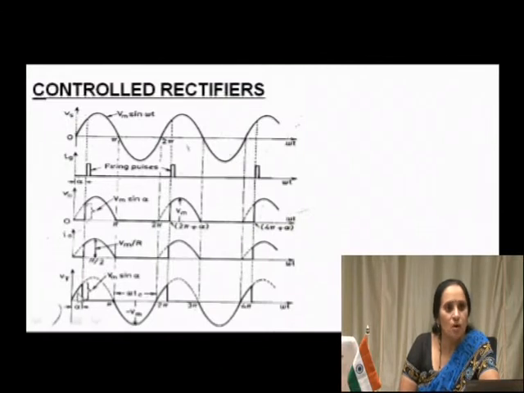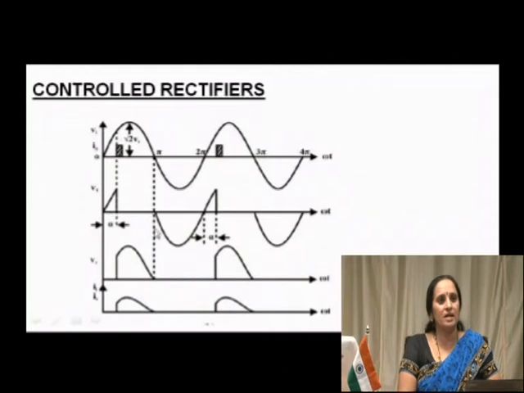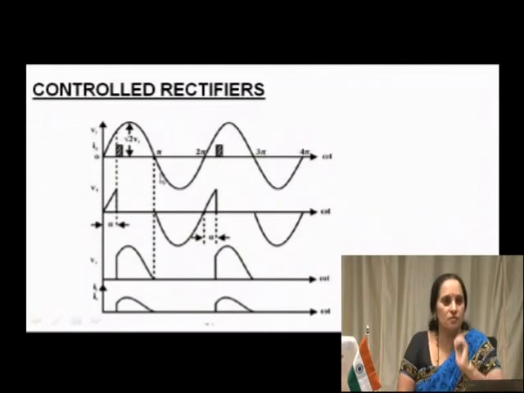Once the thyristor is on, there will be no voltage across the thyristor, 0. That voltage will fall across the load resistance, and current also will be in phase with it because I have considered the load to be resistive in nature. The same waveforms I can show here very clearly.